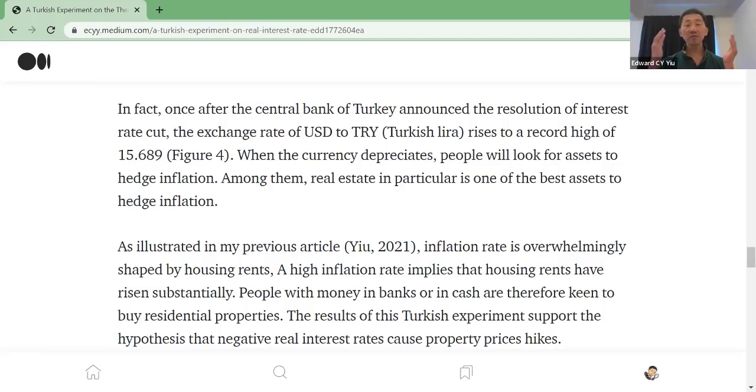So people know that housing probably is a good hedge against inflation. If they have money in the bank or in cash, they would be keen to buy residential properties to hedge inflation. So I think this is a very, very good experiment to support the hypothesis that negative real interest rates cause property price hikes.